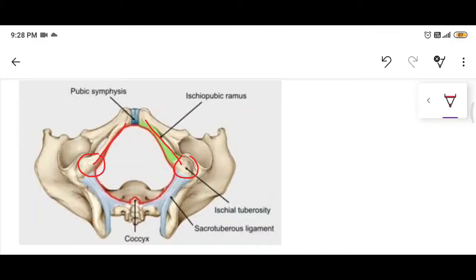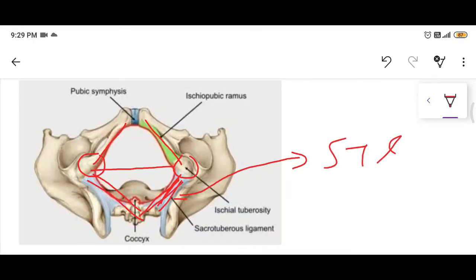The ischiopubic ramus forms the lateral wall for the urogenital triangle, and for the anal triangle we have the sacrotuberous ligament, which forms the lateral wall for the anal triangle. Anteriorly we have the pubis for the urogenital triangle, and posteriorly we have the coccyx bone for the anal triangle.